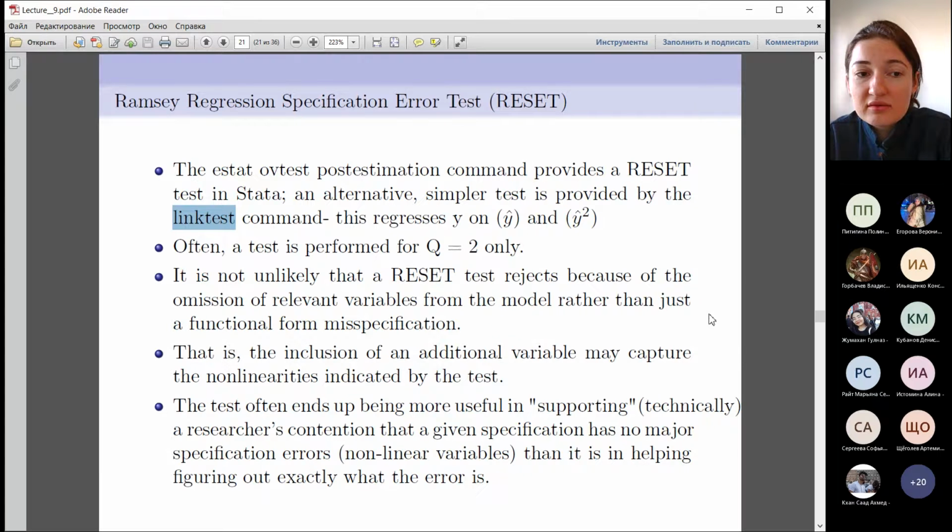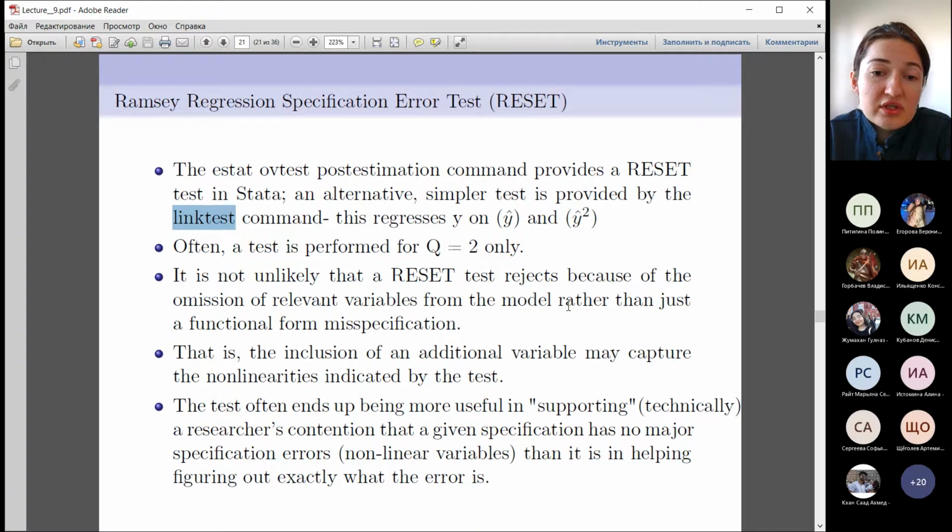It is only a signal, because, as with any other test, the Ramsey test could be very sensitive if you have, let's say, omitted variable bias, and the Ramsey test could reject the null hypothesis of no omitted relevant variable from the model, rather than just a functional form misspecification.